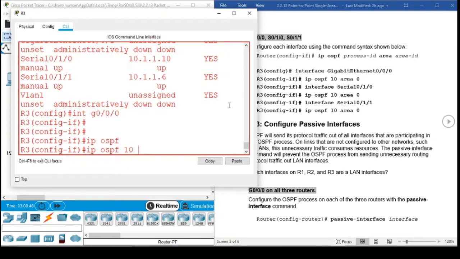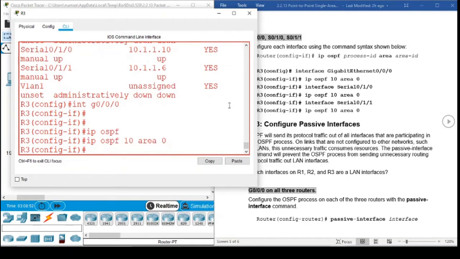So we are using process number 10 and area 0. Because we enable OSPF on an interface basis, there is no need to write the network command here, because we already entered into the interface, and an interface has only one network.